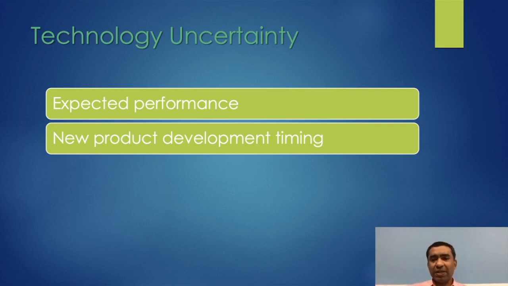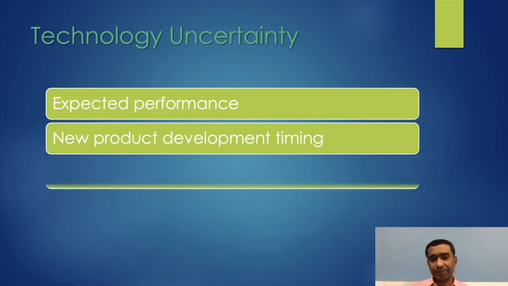Similar things happen in business. There are many obstacles and issues that can delay the timing of new product development, and that will affect your customer. So technology uncertainty can come from the development process. It can be affected by many factors, and that's why it's really an important factor.